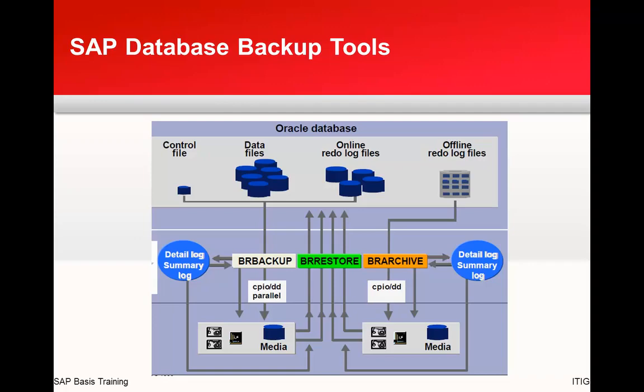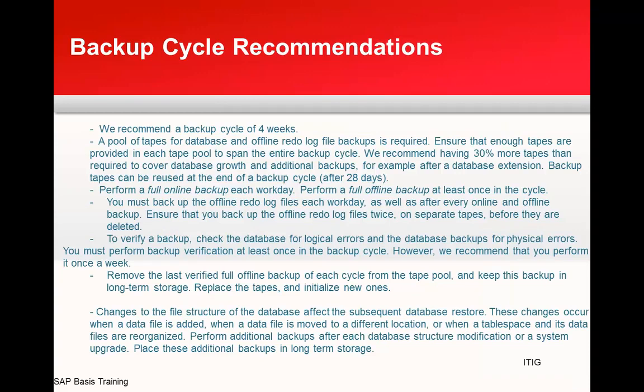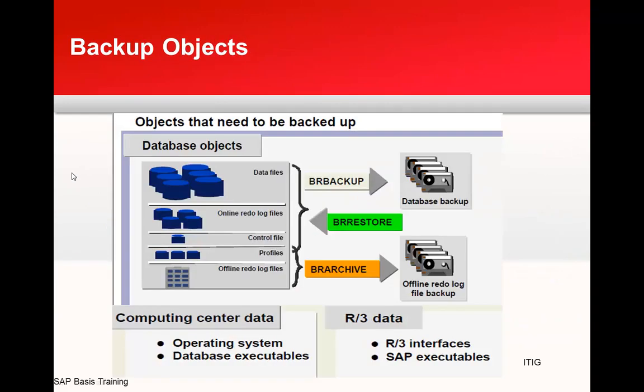Now let's get into the next slide, which is talking about the backup objects, that is, the objects that need to be backed up. These are the objects that must be backed up: data files, online redo log files, control files, profiles, and offline redo log files.